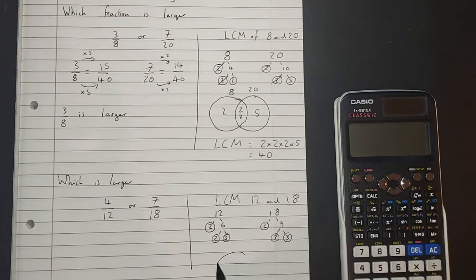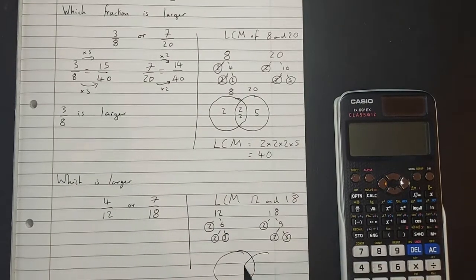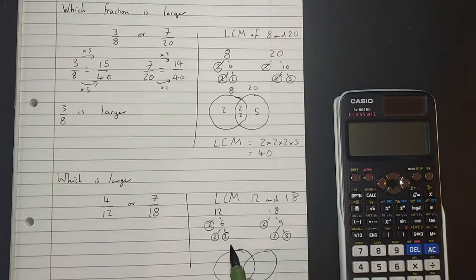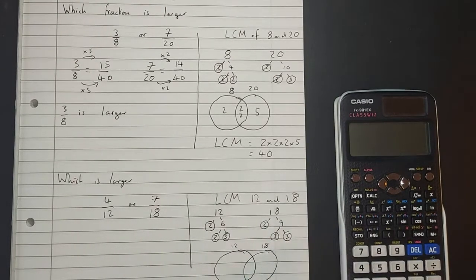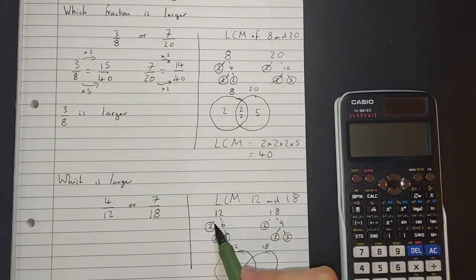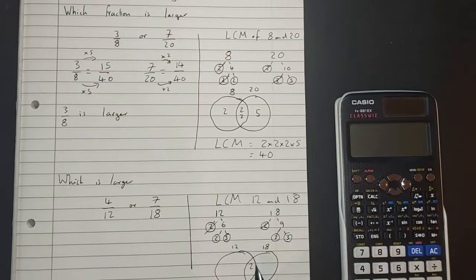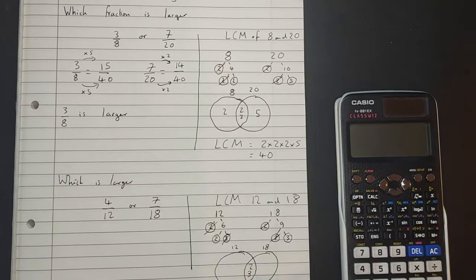Let's do our Venn diagram. Let's have this one representing 12, this one representing 18. So the things they share, they both share a 2. This one has another 2, this one doesn't. They both share a 3. Okay, so then 12 has an extra 2 and 18 has an extra 3.